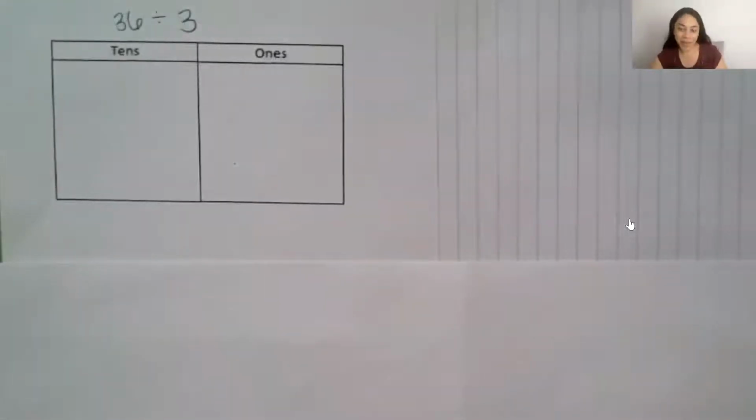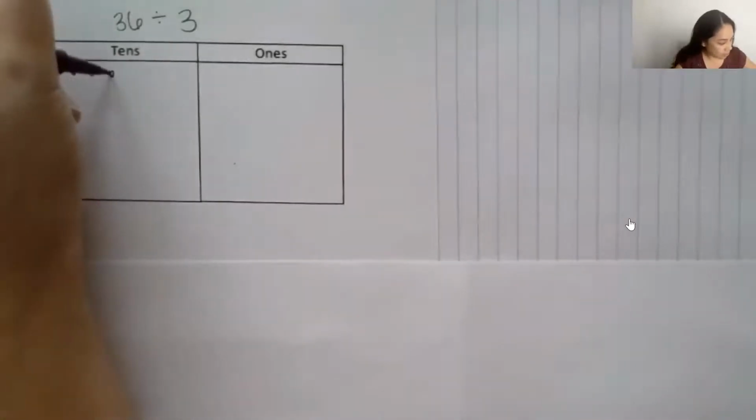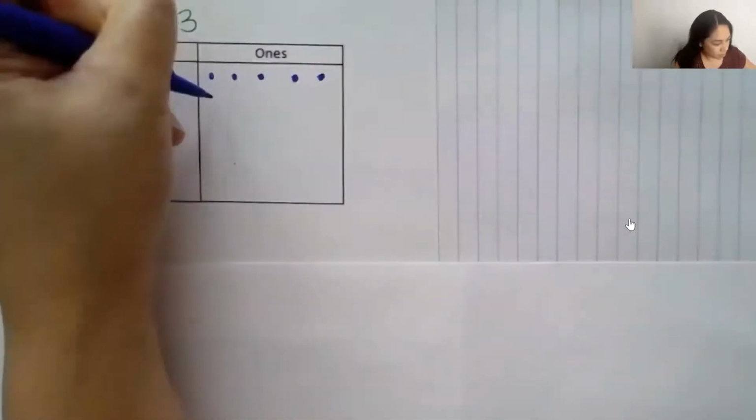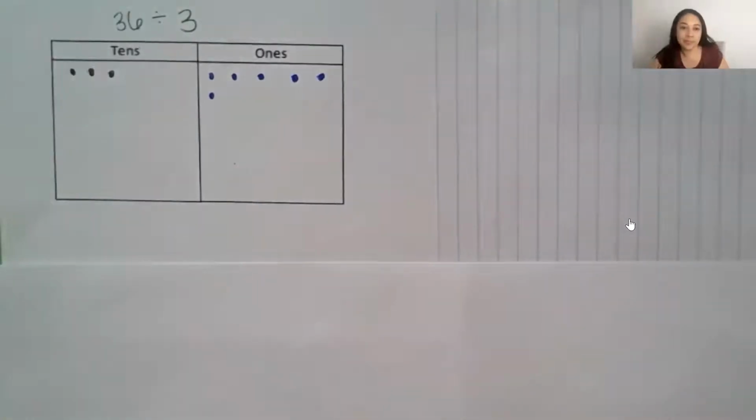36 divided by 3. 3 tens, 6 ones represents what? The whole. Let's show 36 using place value disks. What is the divisor? 3.